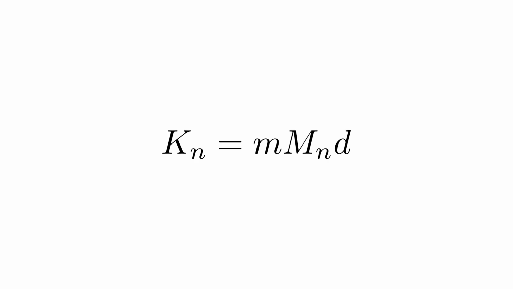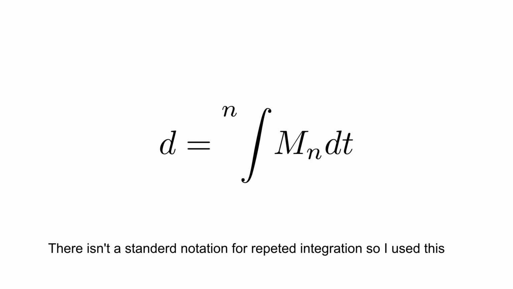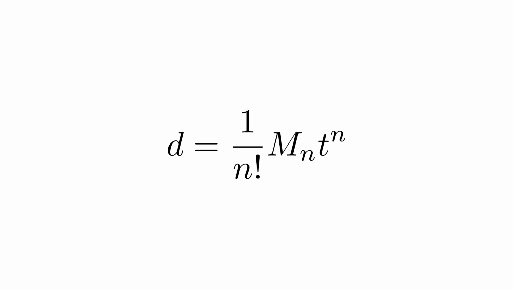Thankfully, we can find the distance traveled by integrating the motion of order n with respect to time. The result of this integral is distance equals 1 over n factorial times motion of order n times time to the n.